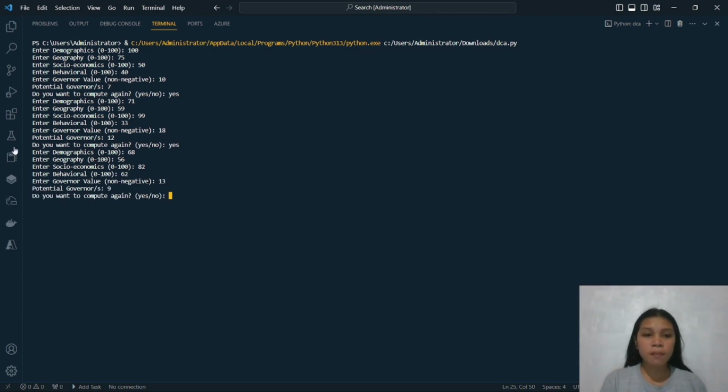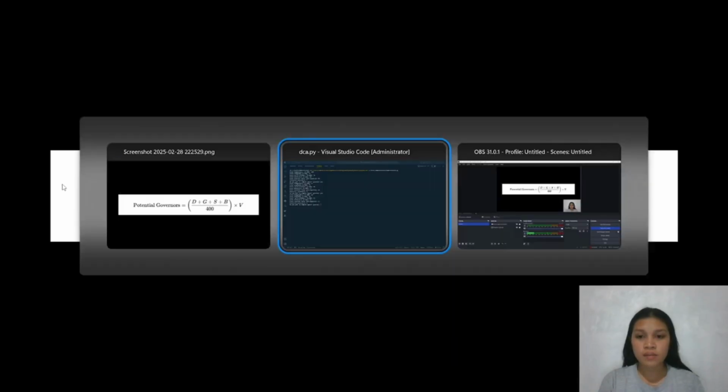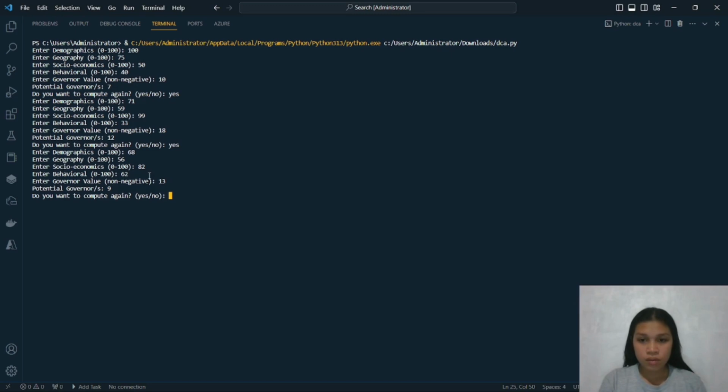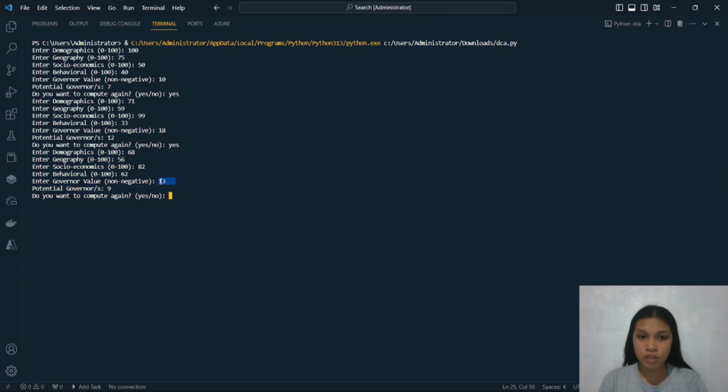So using the formula, the sum of the factors 68 plus 56 plus 82 plus 62 is equal to 268, and divided by 400 equals 0.65, times the governor value, which is 13. We get 8.71, and we will round it up to 9. So the potential governor here is 9.